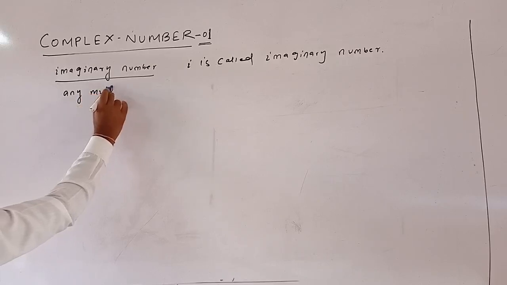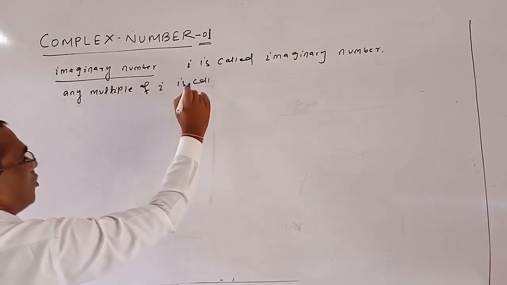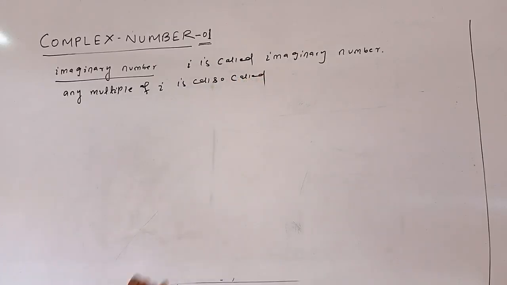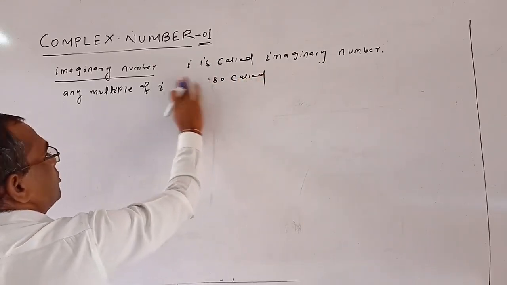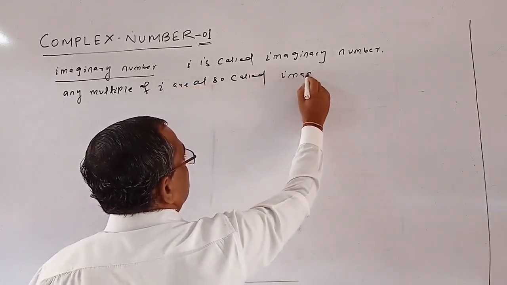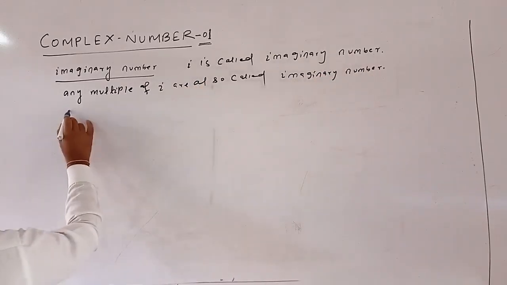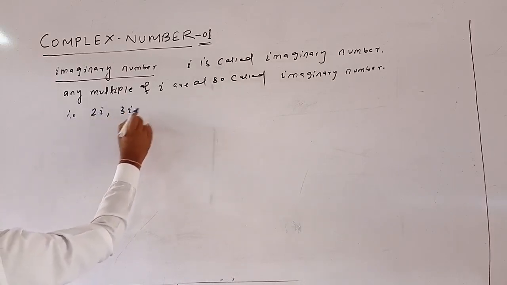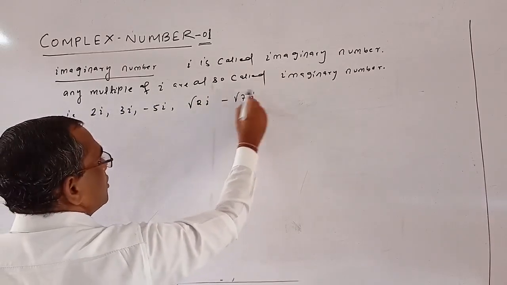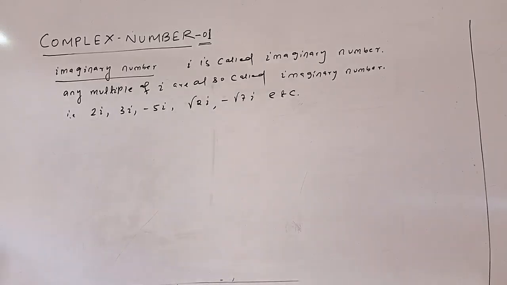Any multiple of i is also called an imaginary number. That is 2i, 3i, minus 5i, root 2i, minus root 7i, etc. These are all imaginary numbers.